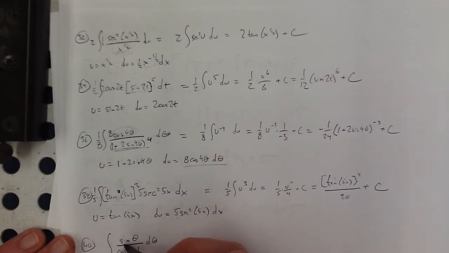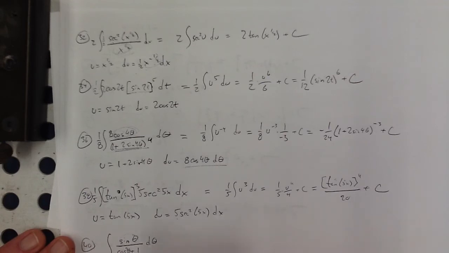Making this equal to the u is not going to work, because the du is going to be some weird thing on the bottom. That's just not happening. You can't make the u equal to cosine squared plus 1, because the derivative of cosine squared has a sine and a cosine in it, and I don't have that here. And even with trig identity stuff, it's not going to work.